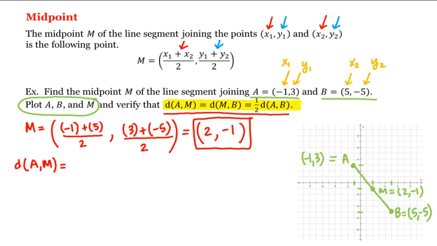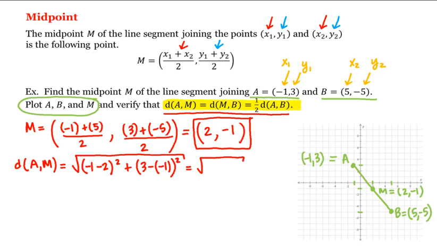By the distance formula, this is equal to the square root of the difference in the x-coordinates squared, so -1 minus 2 quantities squared, plus the difference in the y-coordinates squared, or 3 minus a -1 squared, which is equal to the square root of -1 minus 2 is -3, and -3 squared is 9, and then plus 3 minus a -1 is 4, and 4 squared is 16.